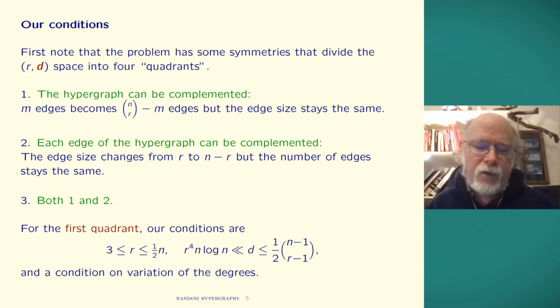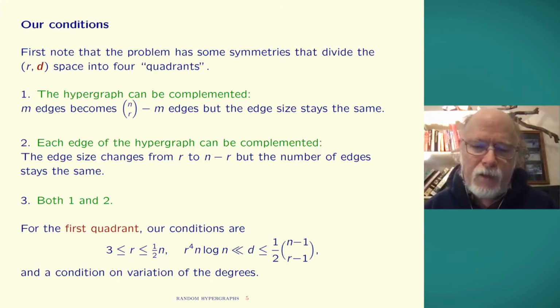In the first quadrant, what our conditions are is, firstly, there's no condition at all on the edge size, except that we don't treat r equals 2 because that's been done before. As far as the average degree is concerned, we can go up to half of the complete graph. So that's no constraint at all. But on the lower side, we have to have at least r to the 4th n log n.